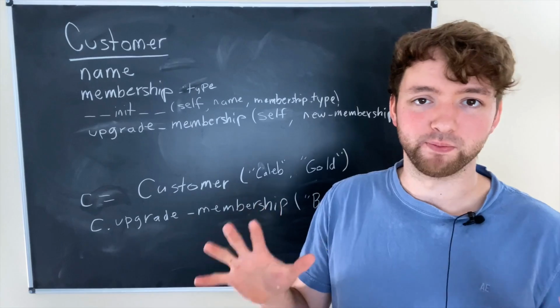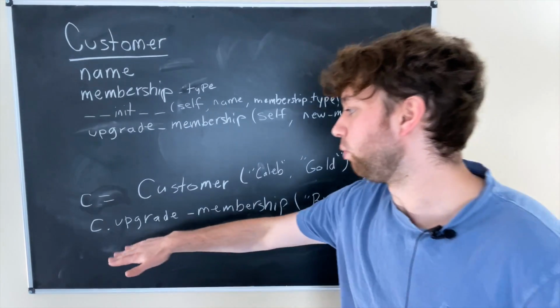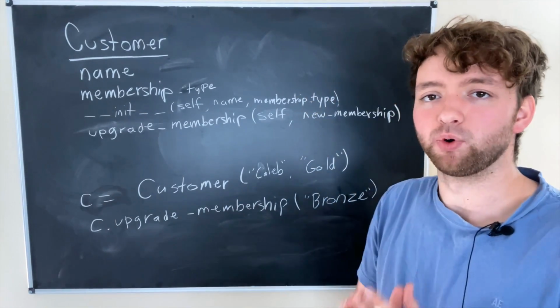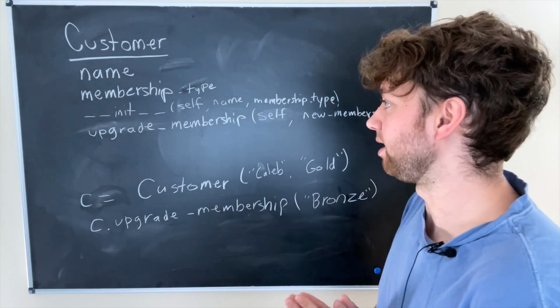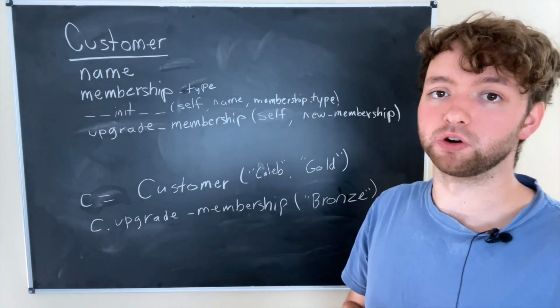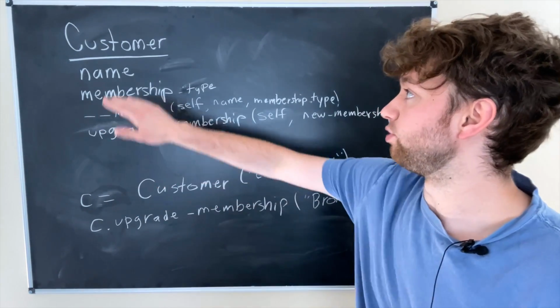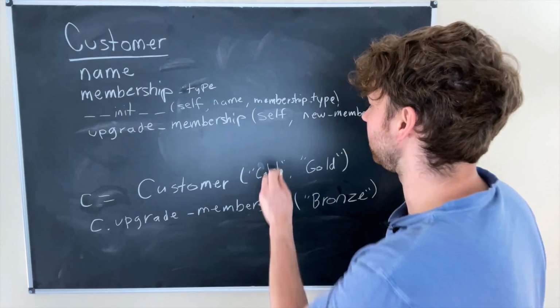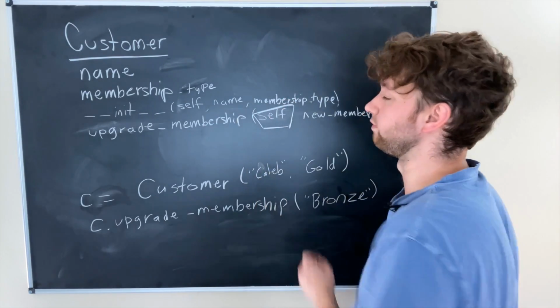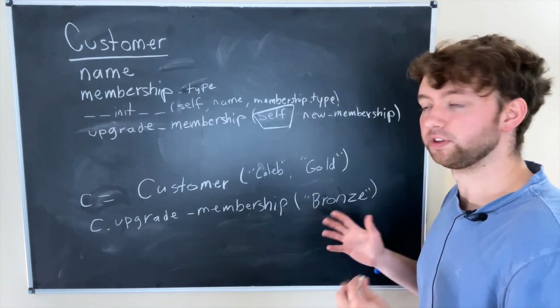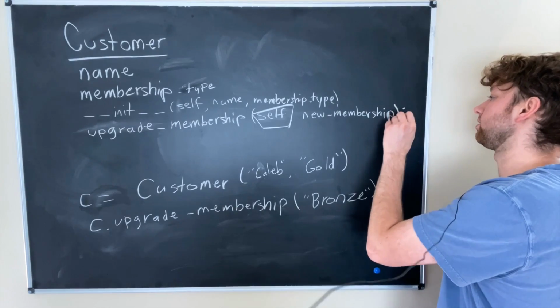But anyways, the point here is not necessarily what this method does, but more so that you can create methods to work with individual customers. The way you do it is you define it inside of the class and you put this self word here. The actual code for this method probably looks something like this.